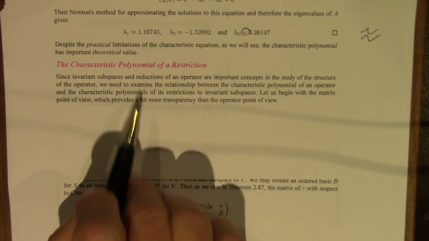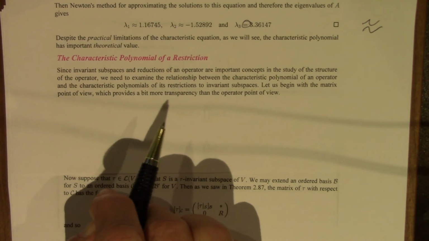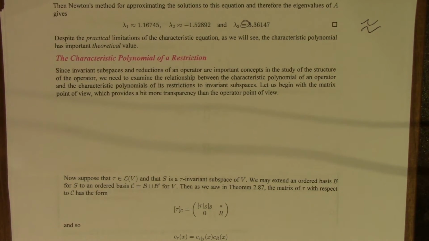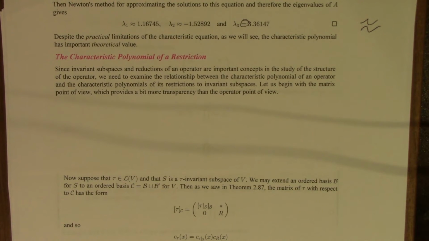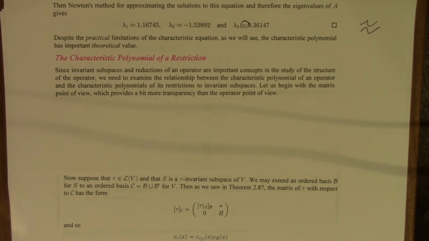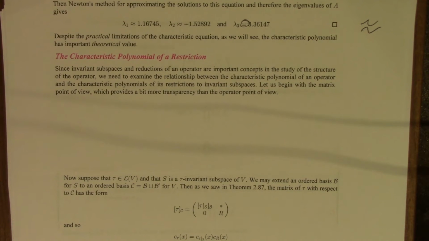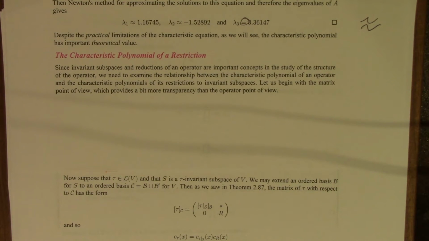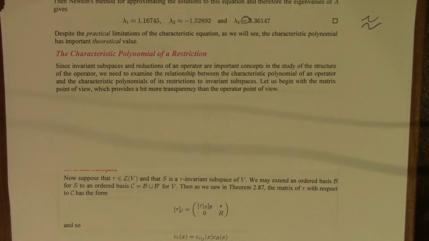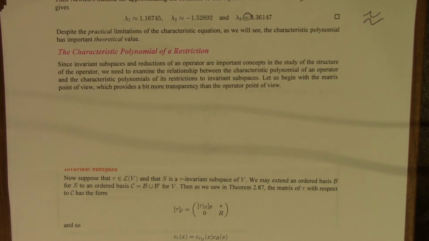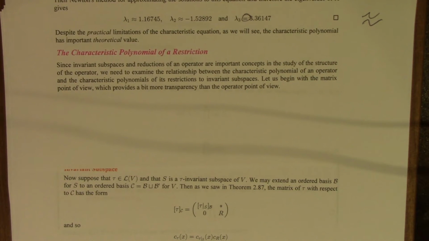Since invariant subspaces and reductions of an operator are important concepts in the study of the structure of an operator, we've discussed this already, we should examine the relationship between the characteristic polynomial of an operator and the characteristic polynomials of the restrictions of the operator to invariant subspaces.